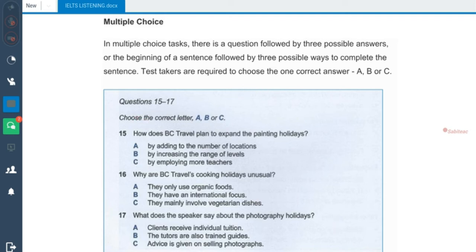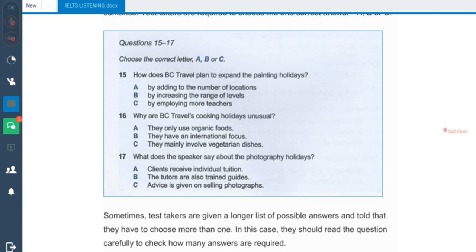Now I'll show you an example of a multiple choice question in the listening section. I believe you can see the image right now. The image says questions 15 to 17. The instruction says, choose the correct letter, A, B, or C. As you can see, question 15 contains 3 options, so you're expected to choose one of the 3.